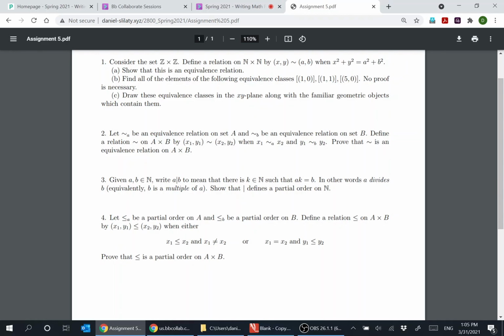That's a partial order on the set of natural numbers, right? Like 3 divides 6 and 6 divides 24, therefore 3 divides 24. It's antisymmetric. If A divides B and B divides A, then A and B actually have to be equal. You've got to actually give a proof of that, okay? But it's not hard. And then, of course, any number divides itself. We've known that since 2nd grade.